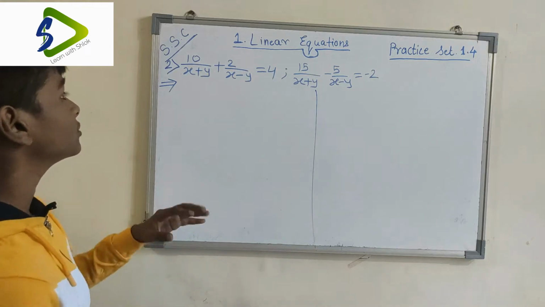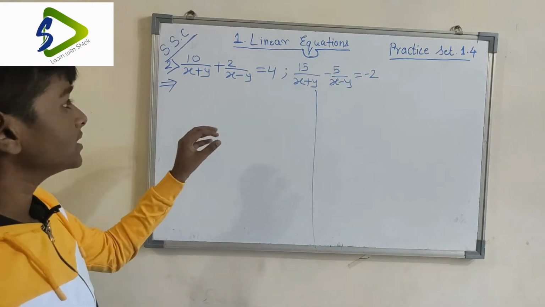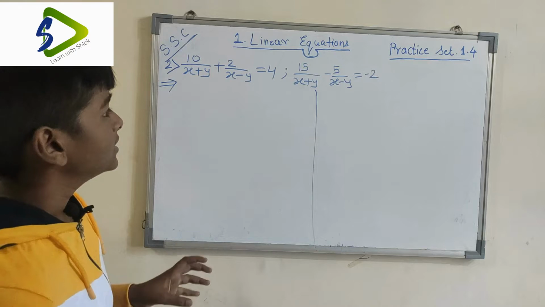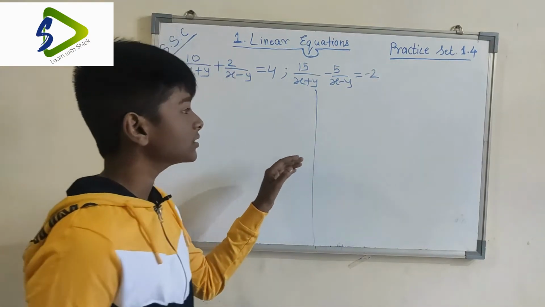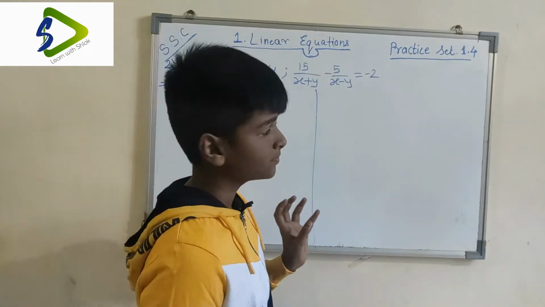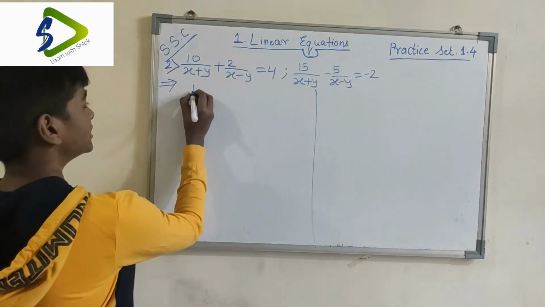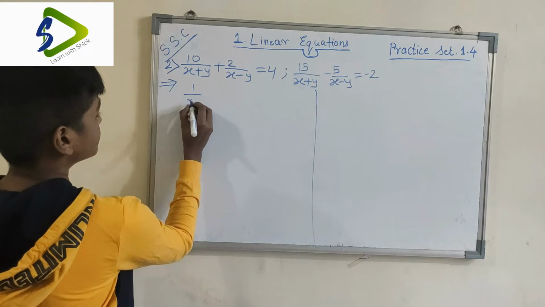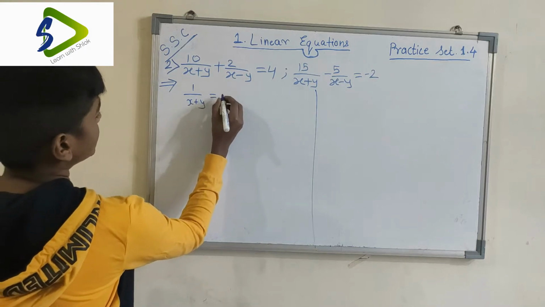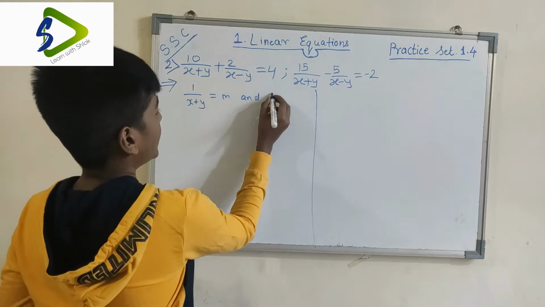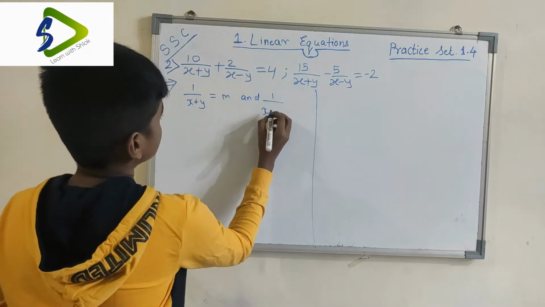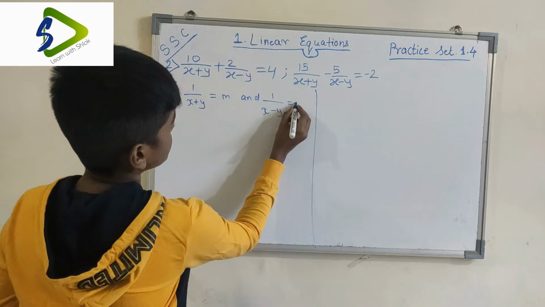So the second question given to us is 10 by x plus y plus 2 by x minus y is equal to 4, and 15 by x plus y minus 5 by x minus y is equal to minus 2. Now let's consider 1 by x plus y as m, and 1 by x minus y as n.